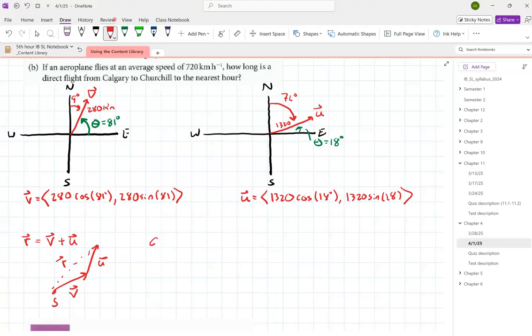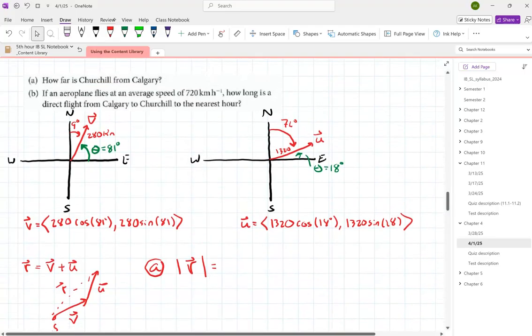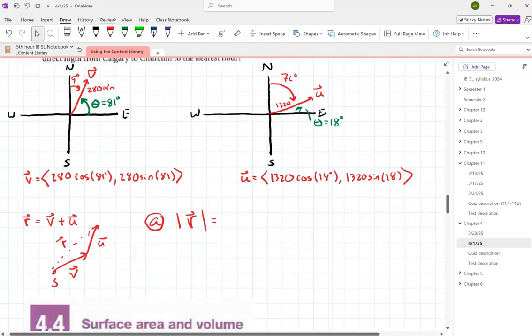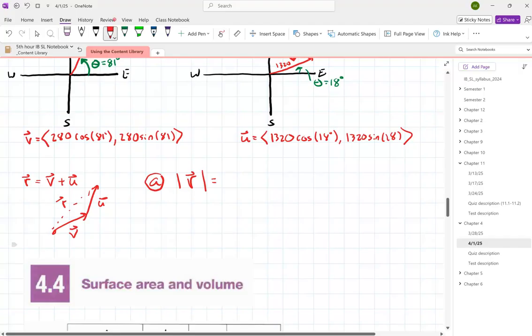So part A is just asking us for the magnitude of r, because it wants to know how far it is from Churchill to Calgary. So we went Calgary, we went to Edmonton, and we're ending in Churchill.